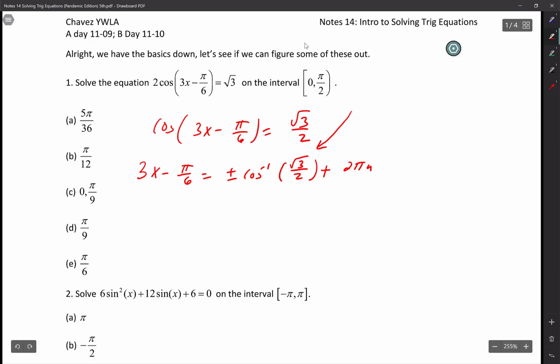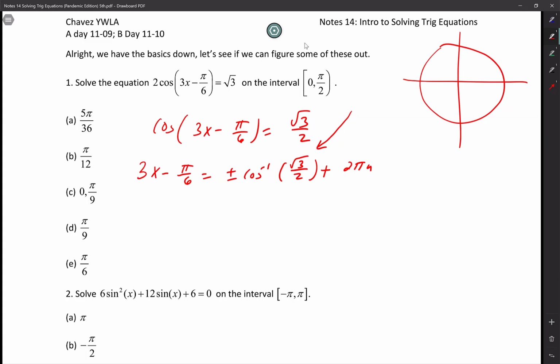So square root of 3 over 2, if you have a unit circle with you, you're going to need it for most of today because everything today is some type of perfect coordinate or perfect radian. Square root of 3 over 2 for cosine happens in quadrant 1 and in quadrant 4. So there's your plus or minus pi over 6. That's pi over 6 right there, and if we do the other, that's 11 pi over 6. If you know what it is, just go ahead and write it out, right?